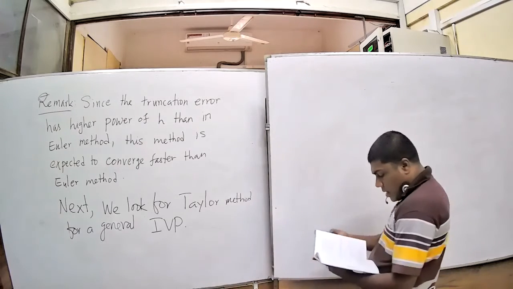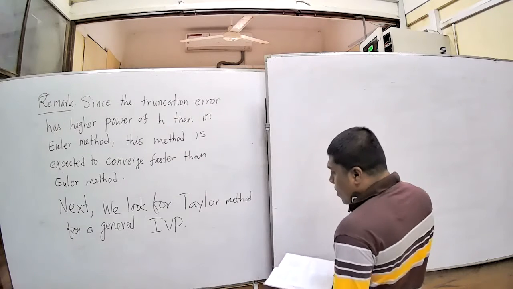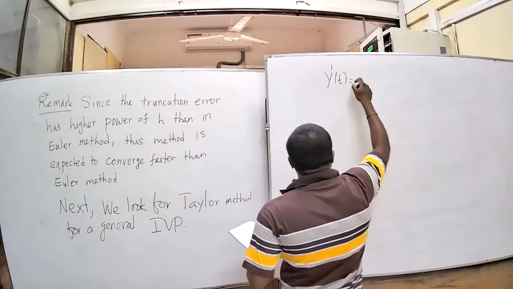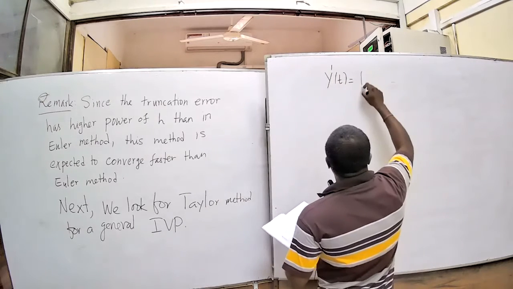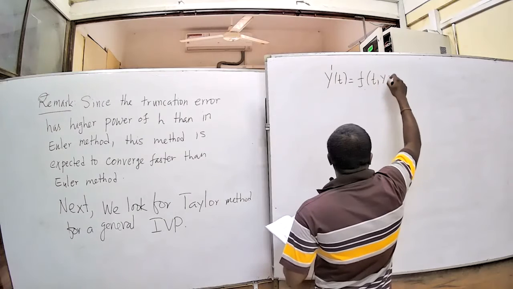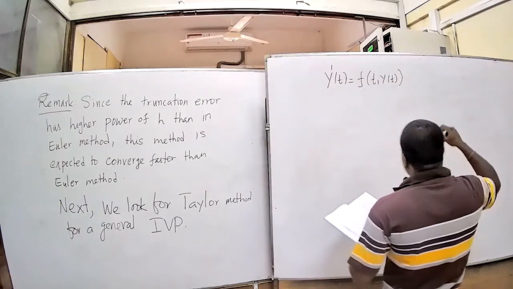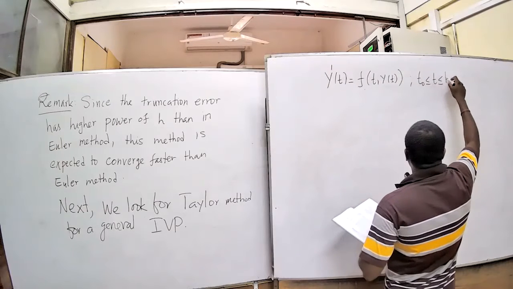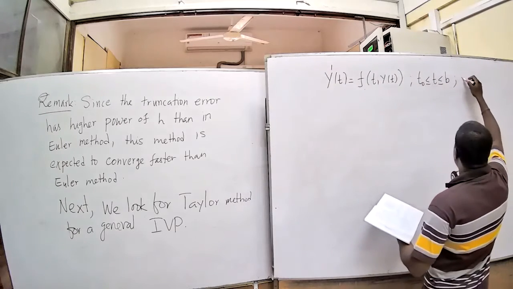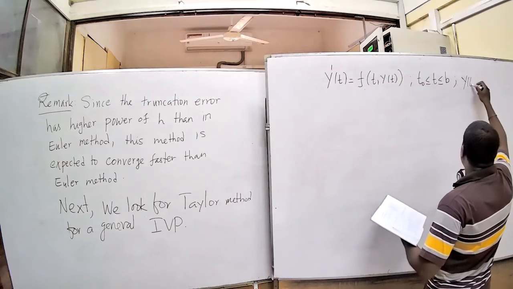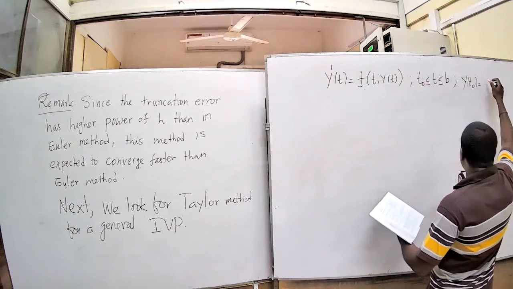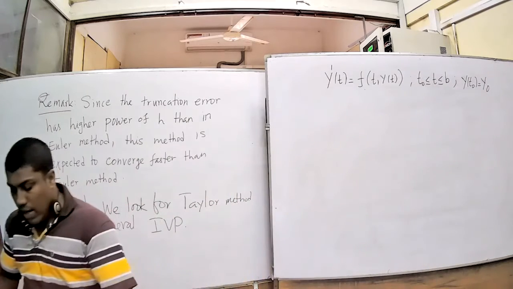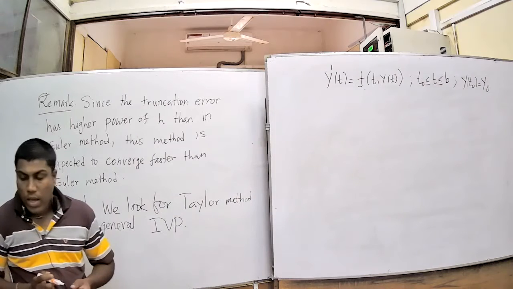Y prime equals f of t, y. So this is the general initial value problem we consider.